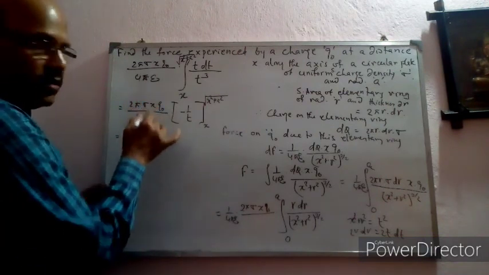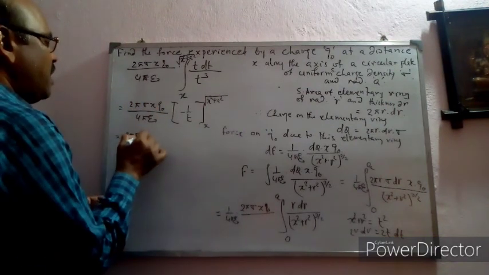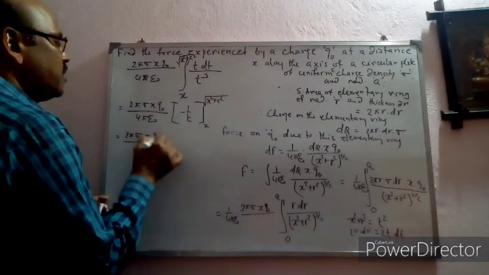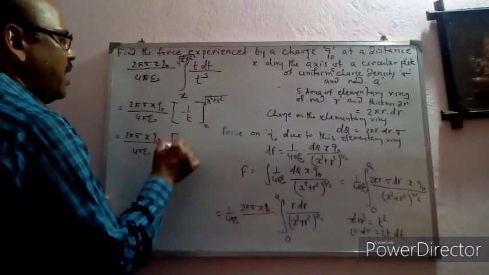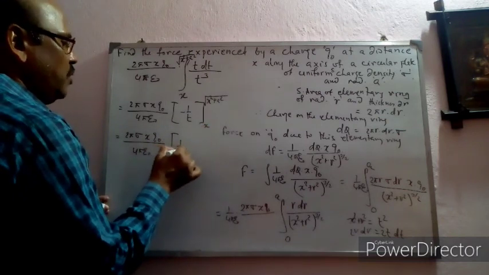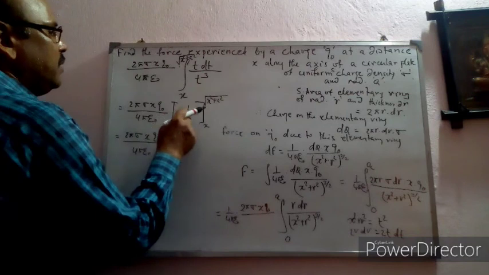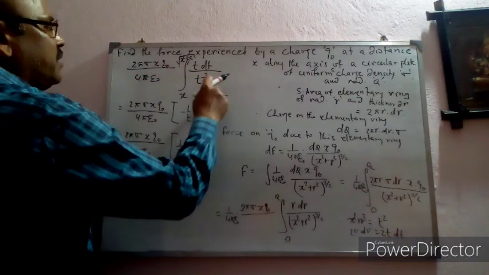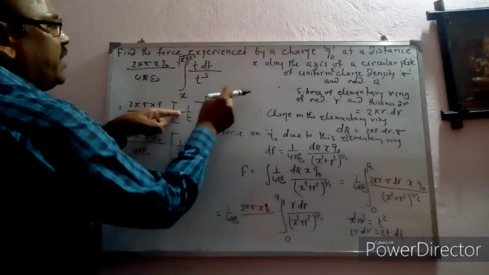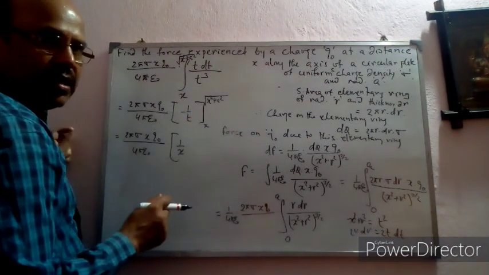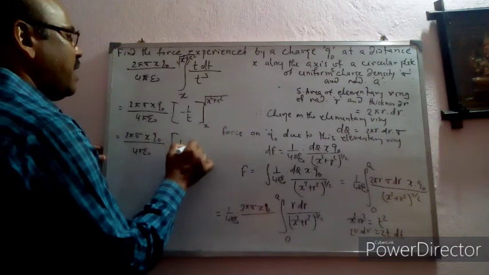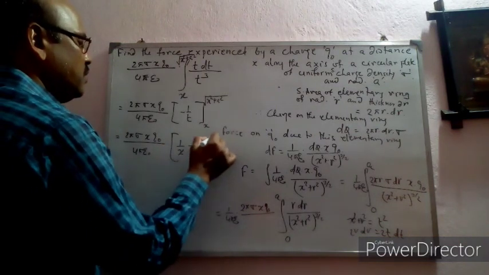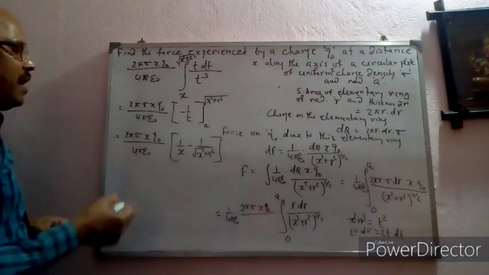So 2 pi sigma x q naught divided by 4 pi epsilon naught into 1 by t. Because there is a minus sign, it is the value of t at the lower limit minus the value of t at the upper limit. If there were no minus, we would write the value at the upper limit minus the value at the lower limit. So this is 1 by x minus 1 by square root of x square plus a square. So this is the final expression.